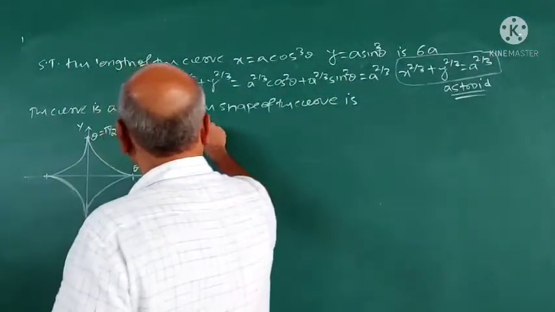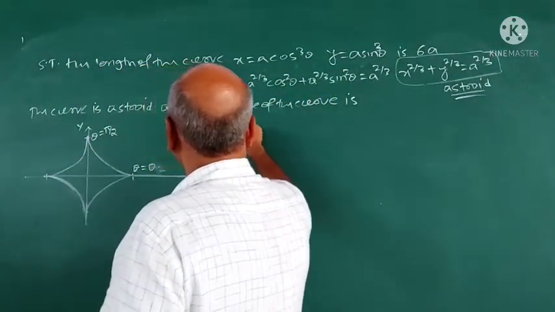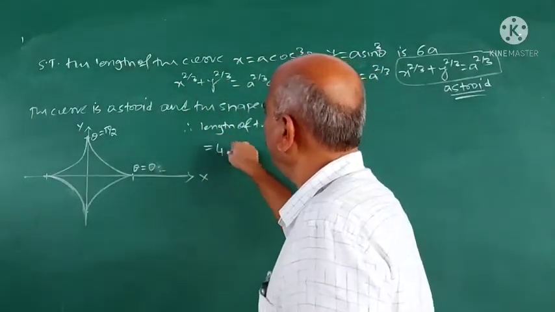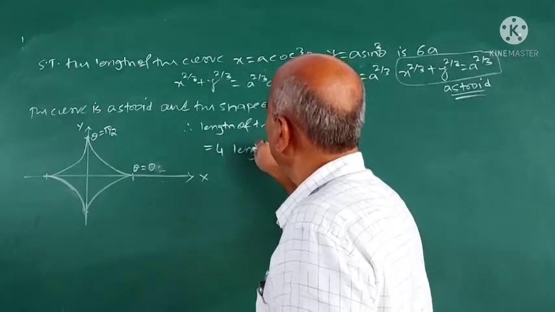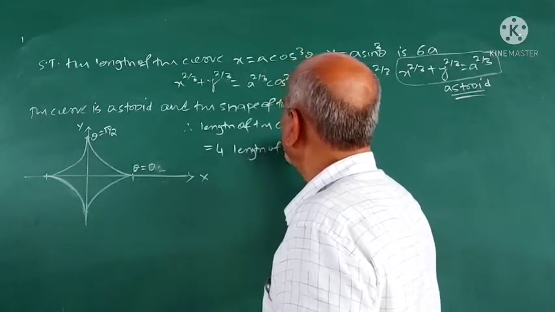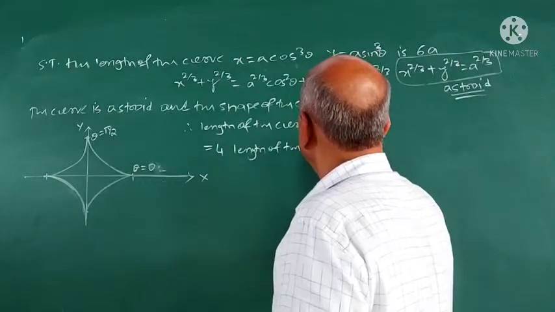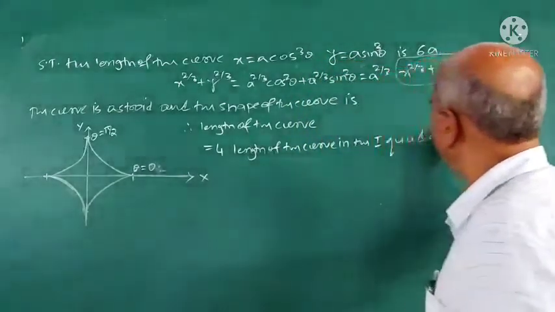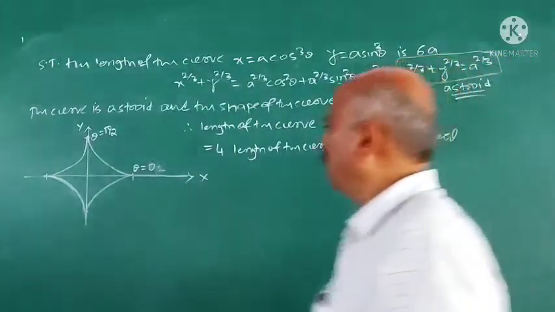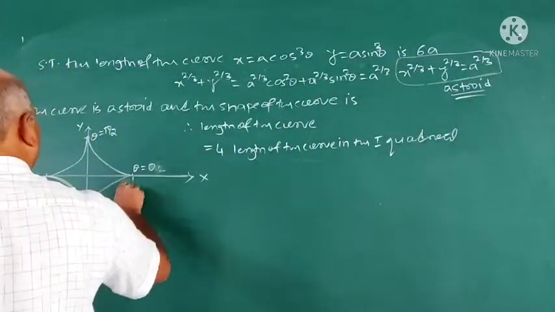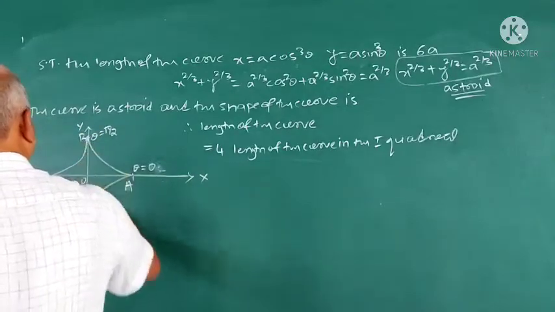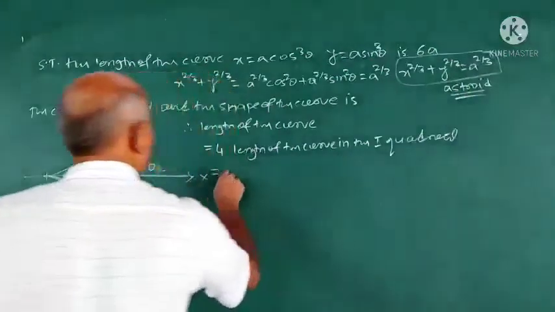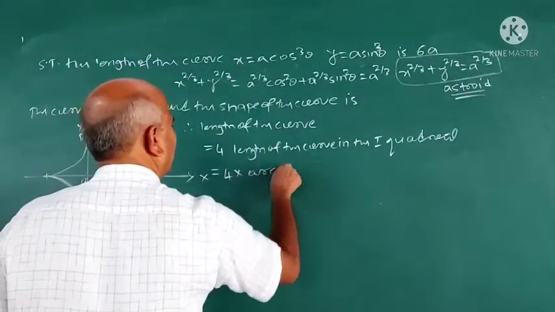Therefore, the total length of the curve is 4 times the length of the curve in the first quadrant. I take A, B, this is O. Therefore the length is 4 into arc AB.